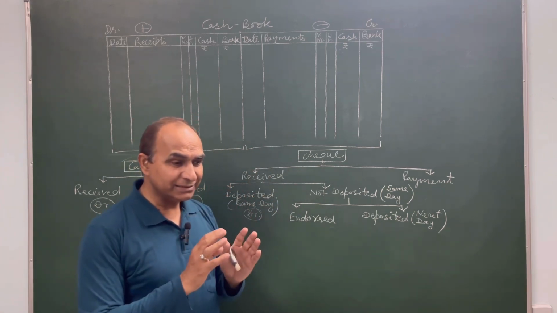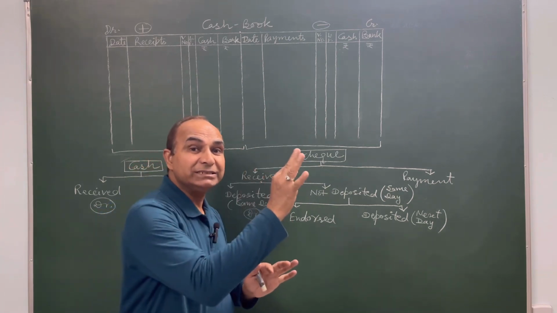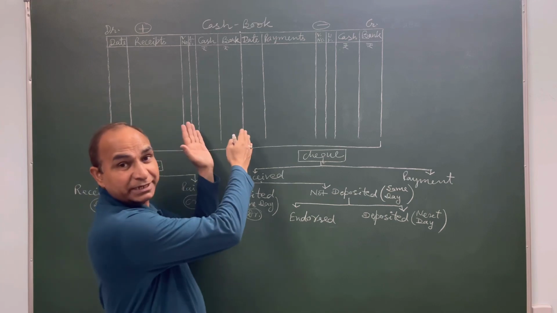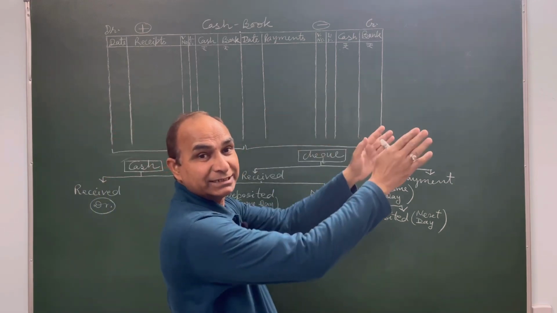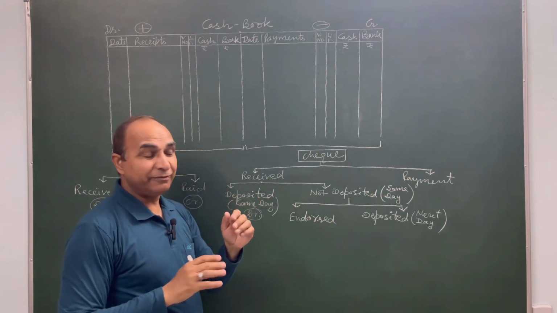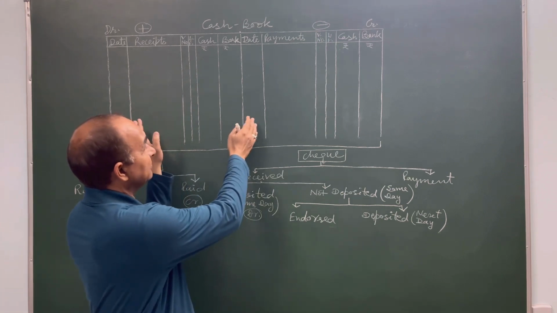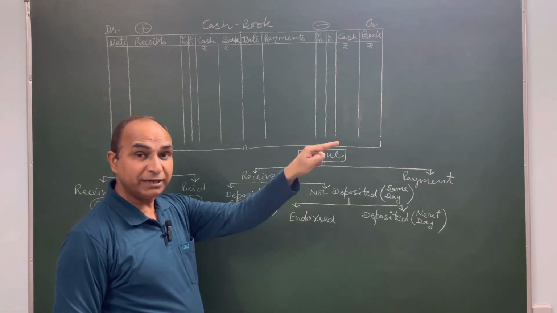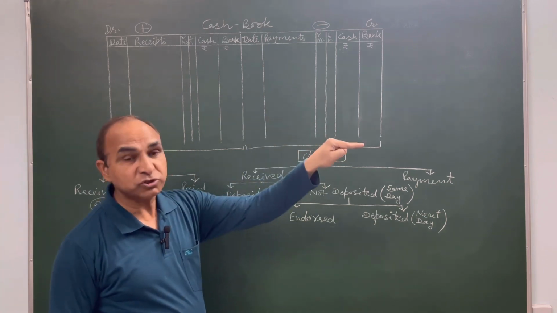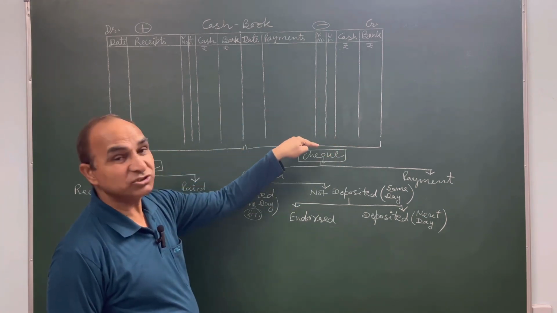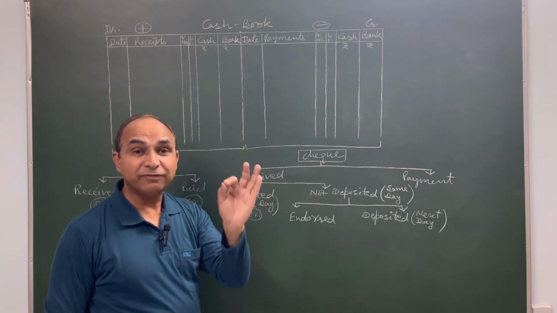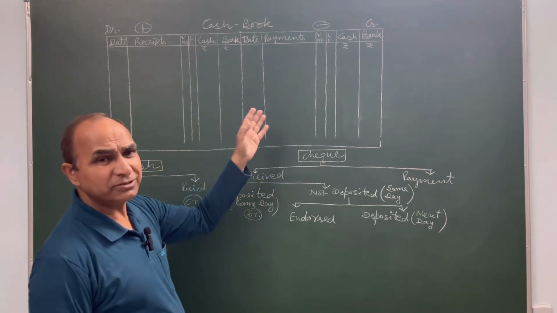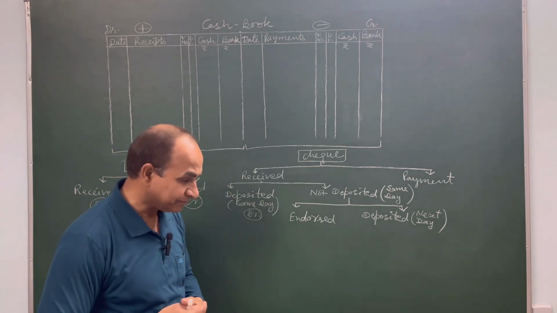Ledger folio is the page number in the ledger where posting of an account is made from the cash book to the ledger. Remember students, we transfer the different accounts from the cash book to the ledger, and the page number where that account is posted is mentioned in the ledger folio column. So this is about the initial introduction of the cash book.